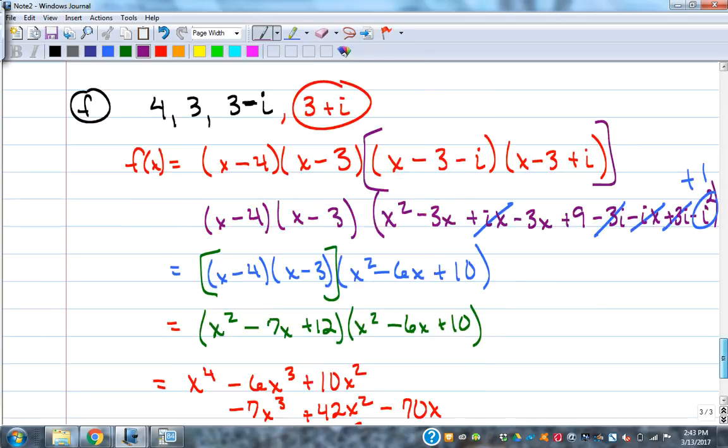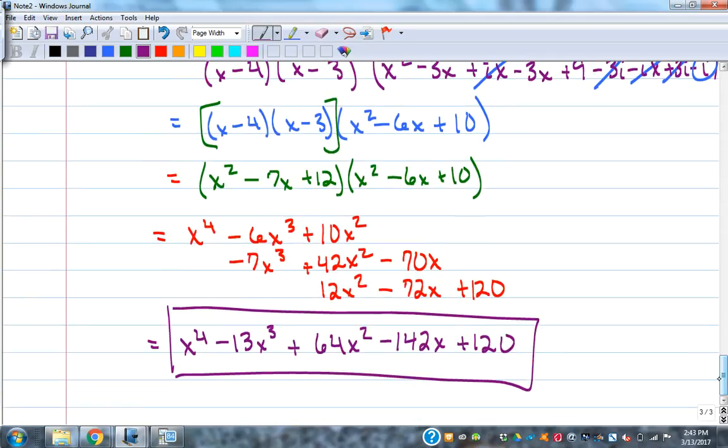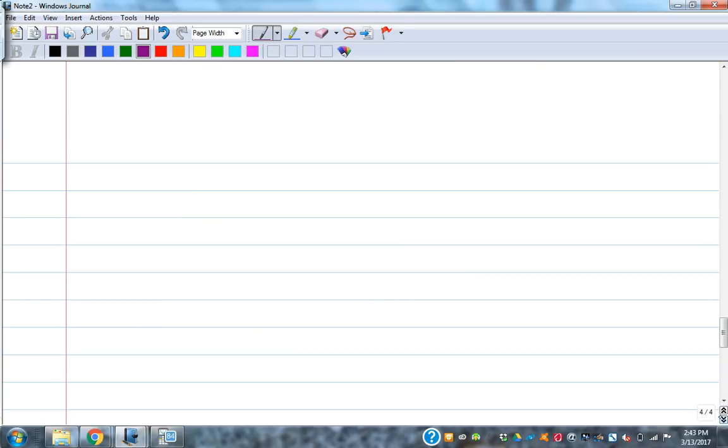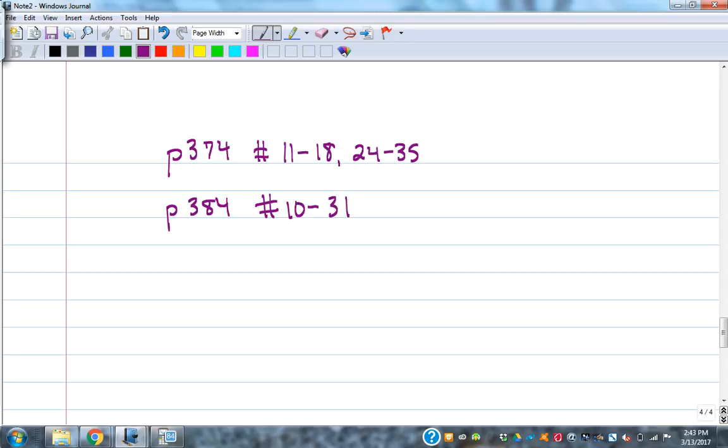Okay. All right, so I'm taking some practice with this stuff. Tomorrow's practice day, so page 374. Let's do 11 through 18, and then 24 through 35. And then page 384, 10 through 31.